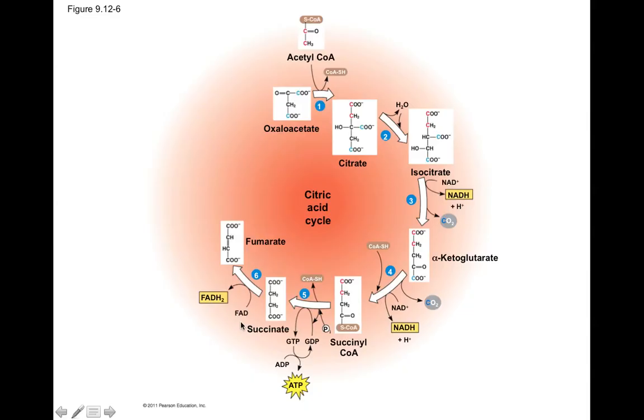Now, we can take some more electrons off of succinate to form fumarate. But these electrons don't have quite as much free energy, so they have to go onto a different electron shuttle. They go onto FAD to form FADH2. Fumarate, we add water to fumarate and we end up with malate.